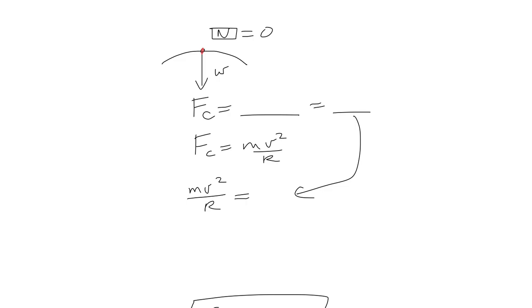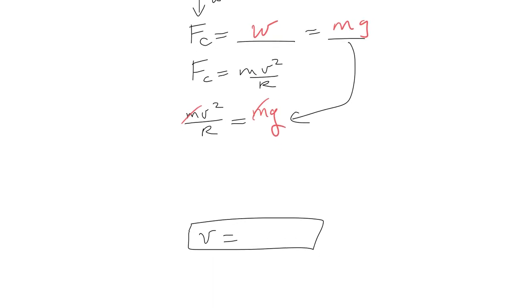Okay, so just review that. If n is 0, the only net force on you is the weight, which is mg, since Fc equals mv squared over r. Fc is equal to mg, the m's cancel out, and we're left with v squared equals rg, or v equals the square root of the radius times the acceleration due to gravity.